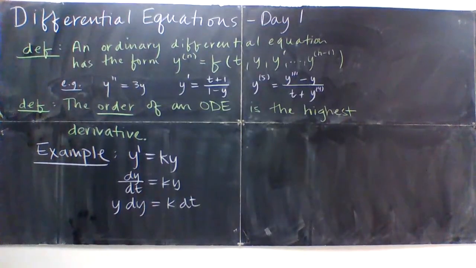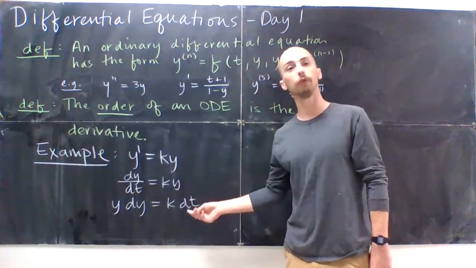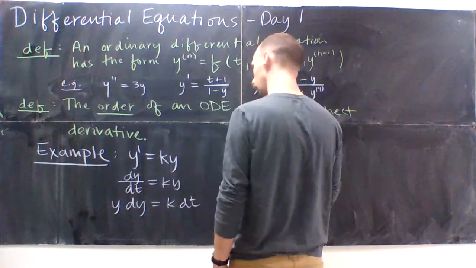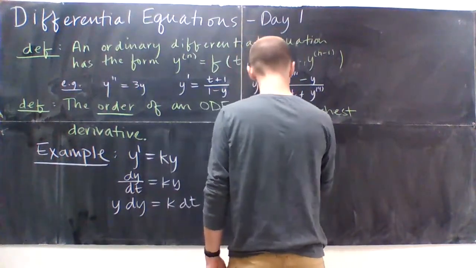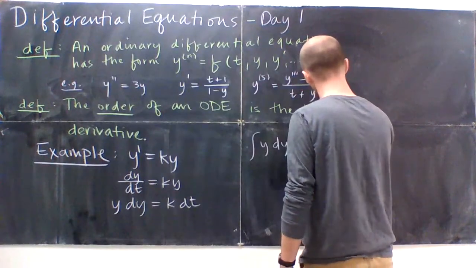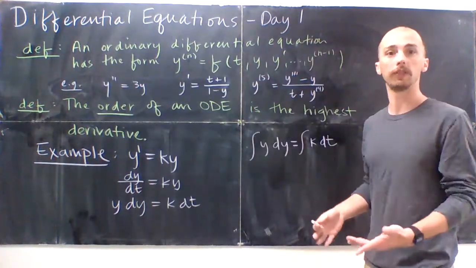Okay, and I'm going to bring this back up here, and I'm going to take the antiderivative of both sides, because if two things are equal, then their antiderivatives will be equal as well. So antiderivative of 1/y dy is going to be the antiderivative of k dt. All right, antiderivative of 1/y dy, you know what that is. That's 1/2 y squared.